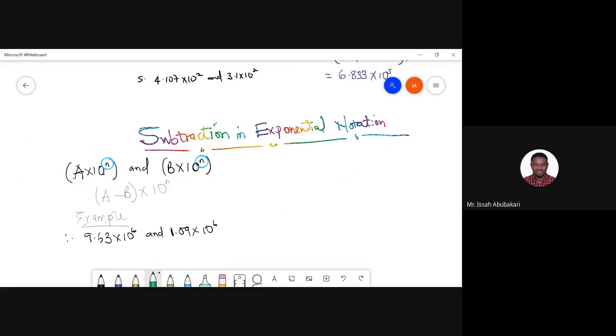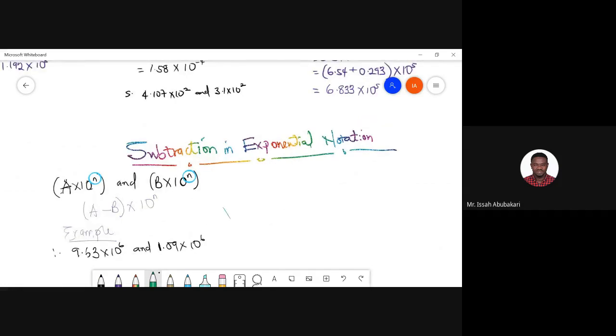If you're asked to find the difference, then it means subtraction. If you're asked to find the sum, it means what? Addition. And if you're asked to find the product, then it means multiplication. And the last one, if you're asked to find the quotient, then it means division.